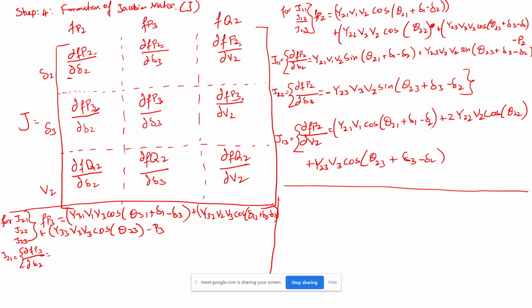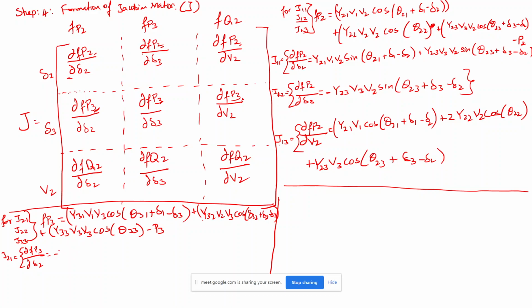With respect to delta 2, there is no delta in the first component, and there is a delta 2 in the second component, and it is a cos and delta 2 is plus only, so I will get minus here, and it is cos, so it will be sine.